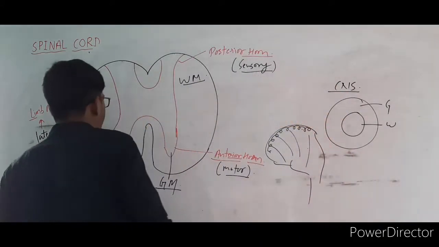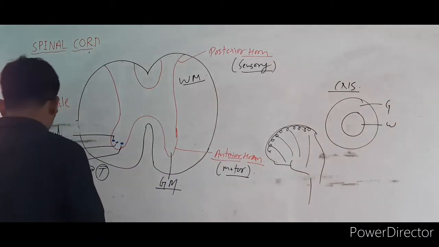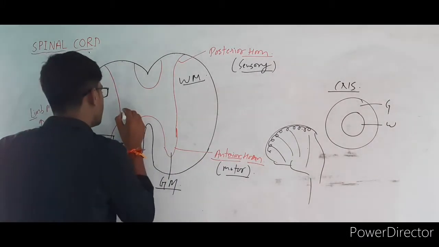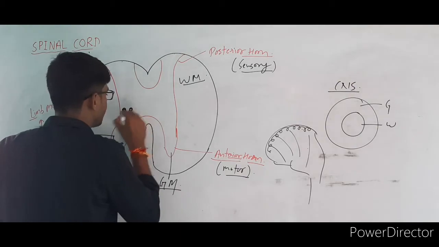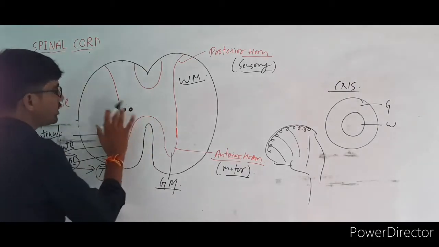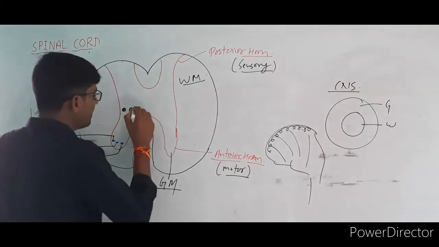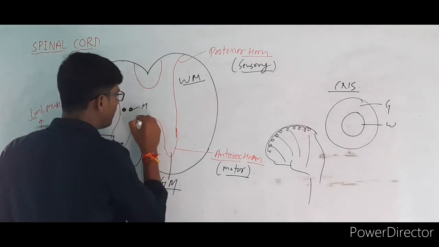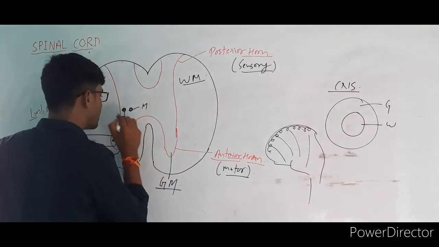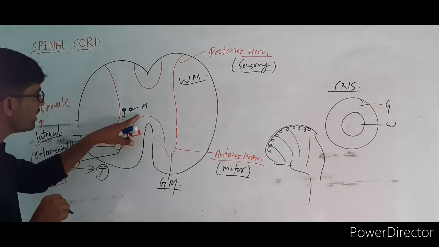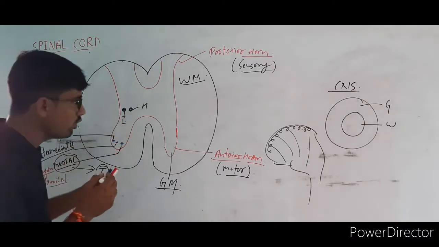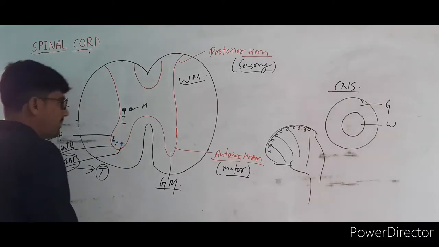Next, here are 2 nuclei present. So what are these nuclei? Only 2 nuclei. One is the medial nucleus, and this is the lateral nucleus. Can you tell me what the medial nucleus and the lateral nucleus do?